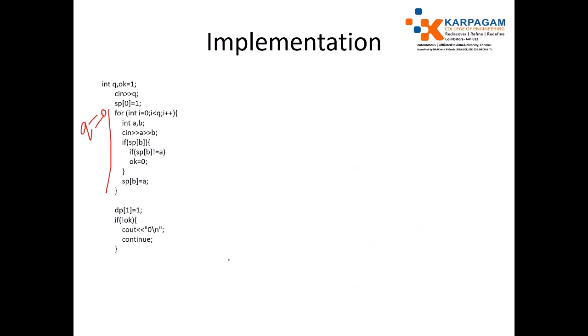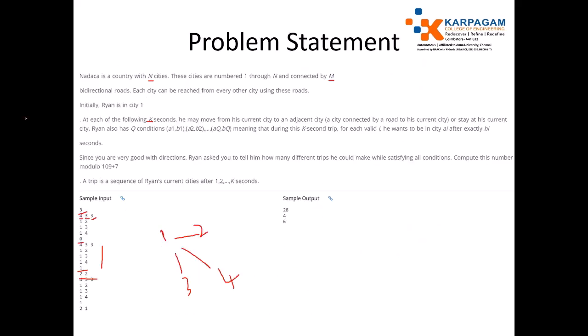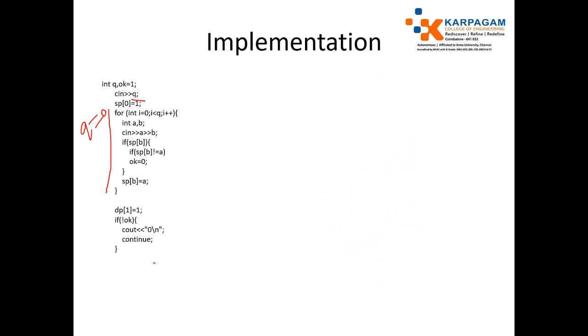Next, here I am getting this value Q. In this sample example Q is 0, so no input will be received. If Q is 1, we will receive a pair of values. Consider Q equal to 0, this loop will never work.